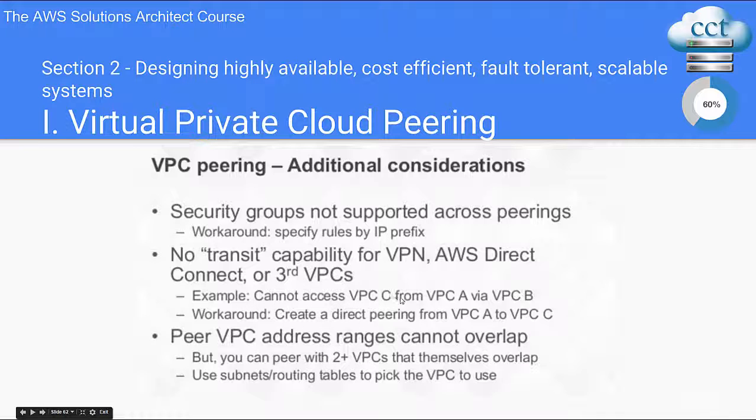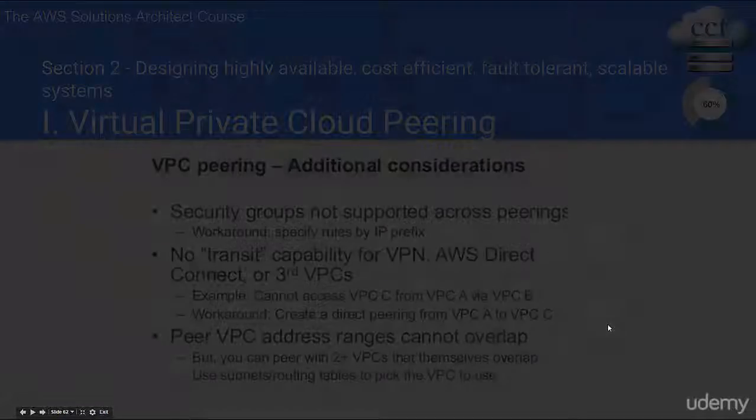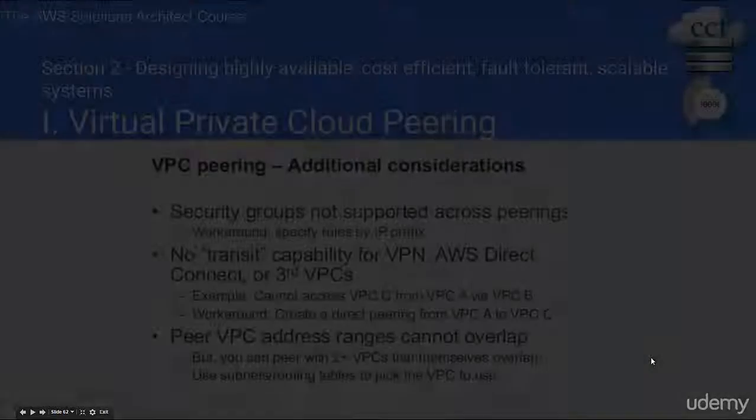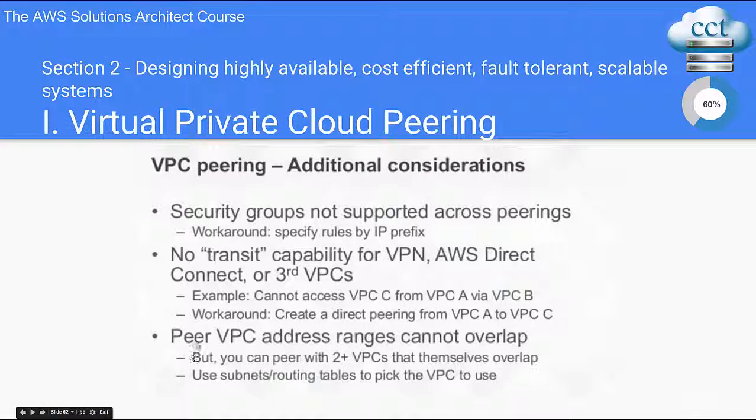Example: cannot access VPC-P from A via B. The workaround is to create a direct peering. So if we go back to this diagram, it's exactly what I said. If C wants to talk to B, it can't go via A, it needs its own peering connection. Another thing is your addresses can't overlap, but you can use subnets and routing tables to pick the VPC to use.